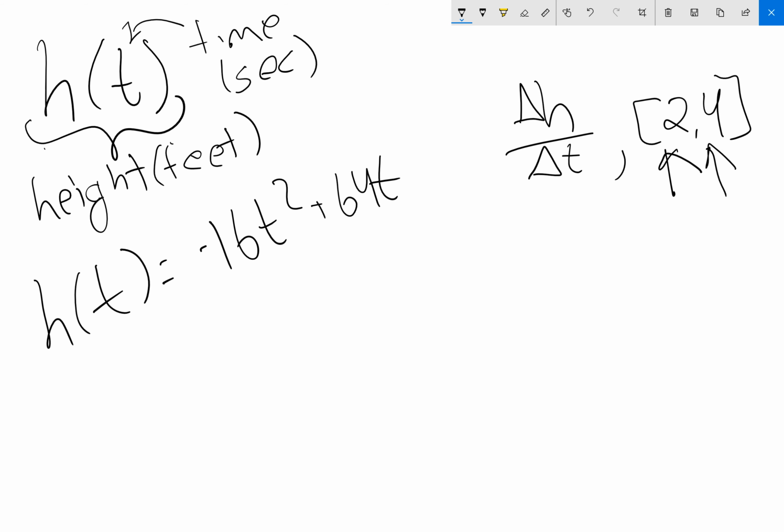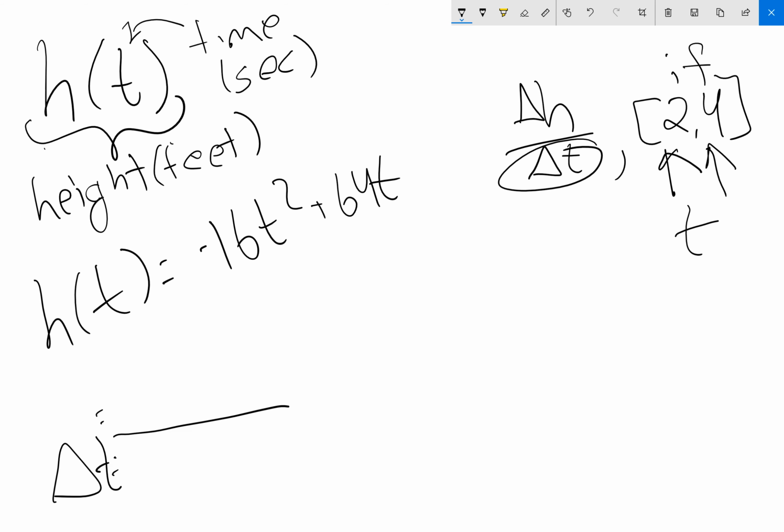Are these t or are they h of t? They are t. So we can already find delta t. Delta t is final minus initial, so 4 minus 2.